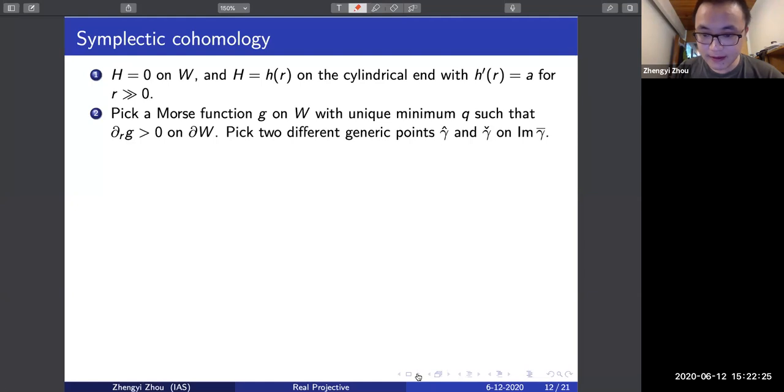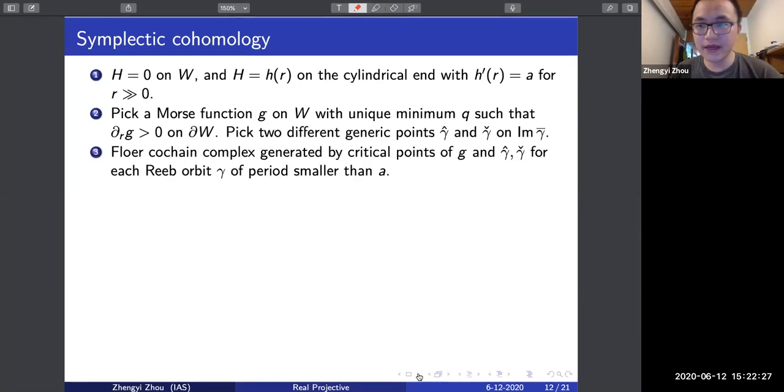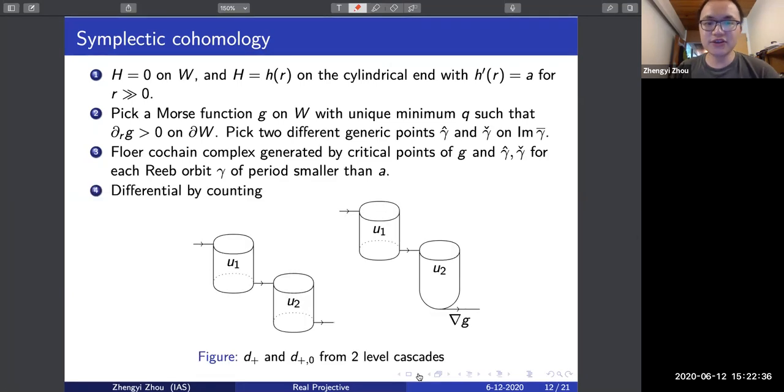Okay. And then we can define the Floer-Cauchy complex by the critical points of g and gamma check and gamma hat for all these Reeb orbits of periods smaller than A. And the differential is defined by counting the following cascades.